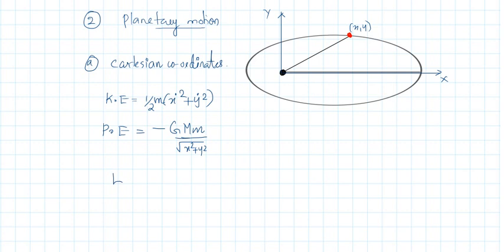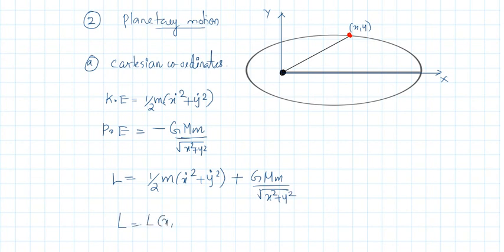Therefore the Lagrangian, T minus V, is half m times x dot square plus y dot square plus G M m divided by root of x square plus y square. So L is a function of x, y, x dot, y dot. So there are no cyclic coordinates. None of the coordinates are cyclic.